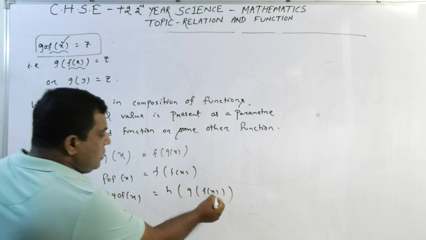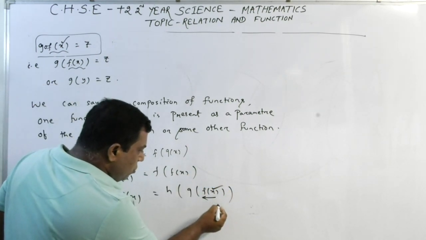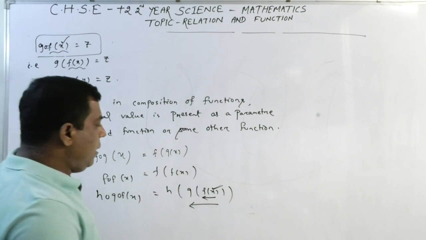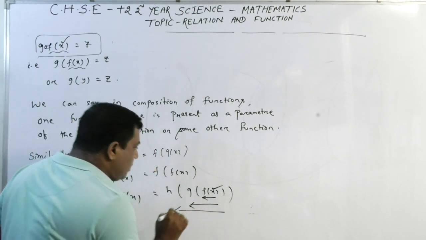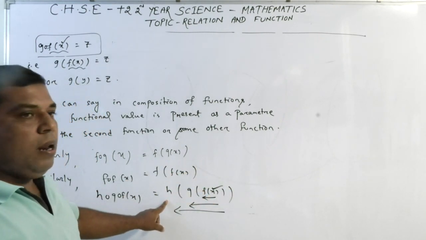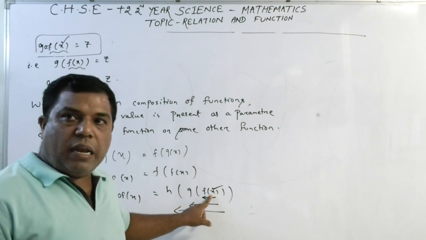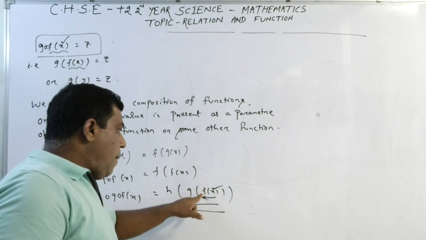Initially x is there. On x f is applied. Then on the total value g is applied. Then the total value is behaving like a parameter, a variable of the function h. Initially x is the initial parameter. On it f is applied.